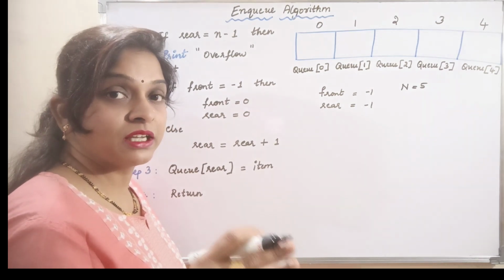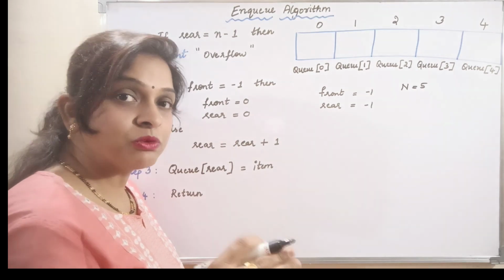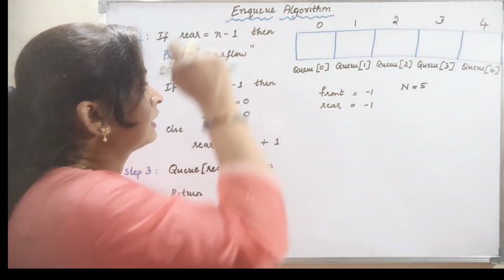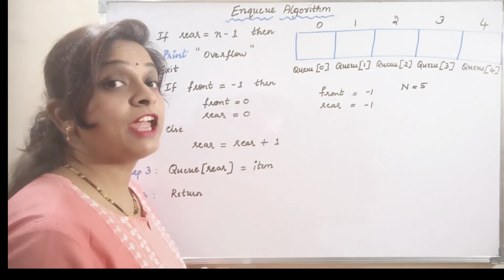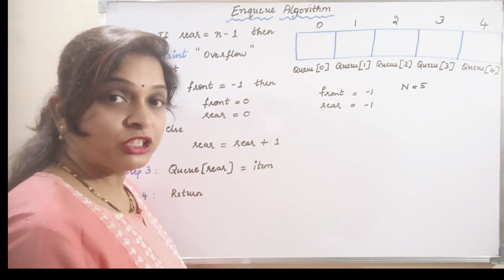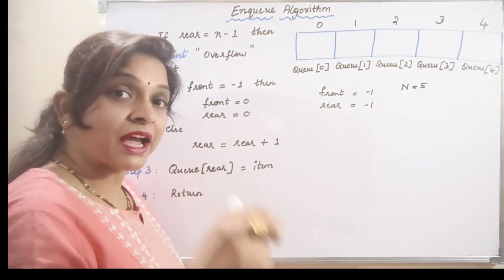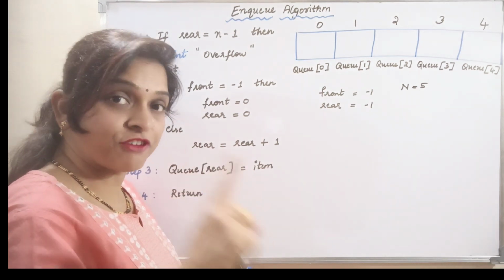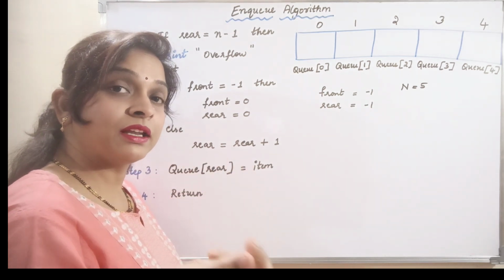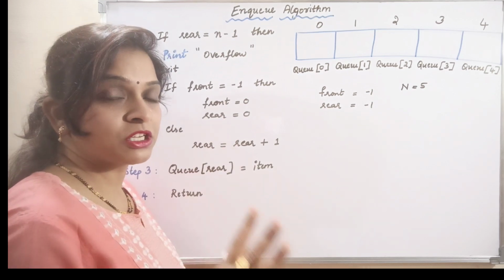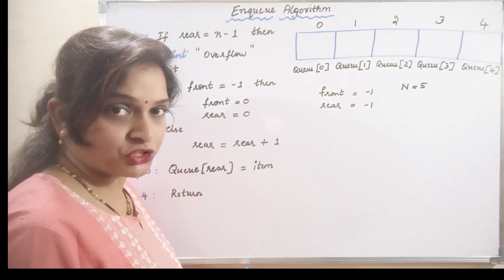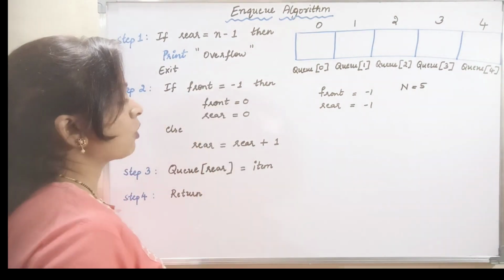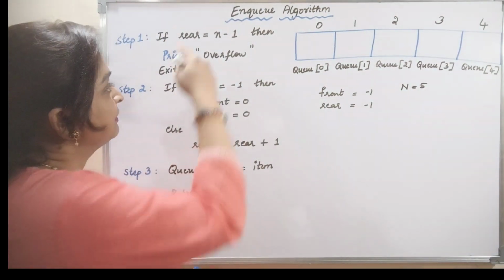If it is equal to the queue size -1, then I should say it is overflow. You cannot fill the items. If not, I need to check whether the item I am going to push is the first item, or whether it is already filled with items. Do we have to simply increase the rear pointer? These things we need to check. So let us check all these criteria one by one.